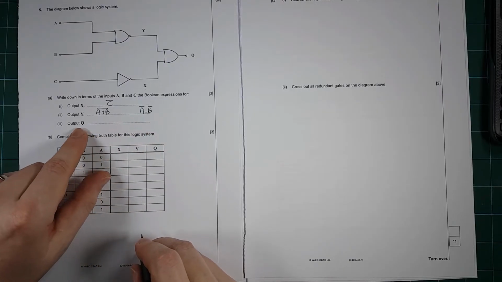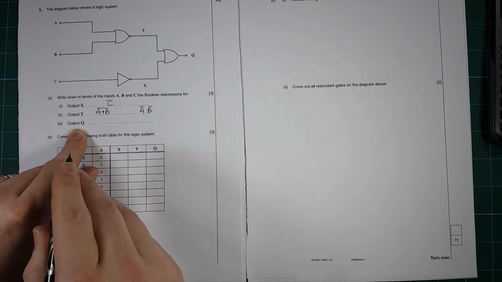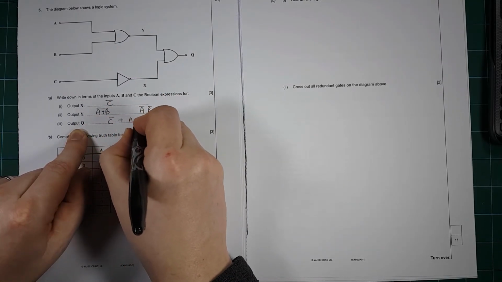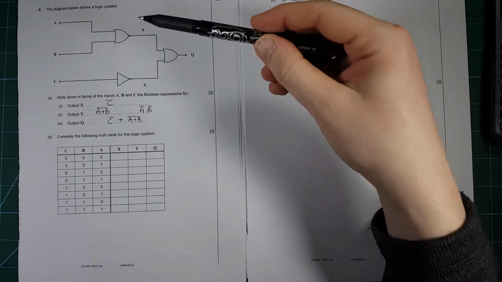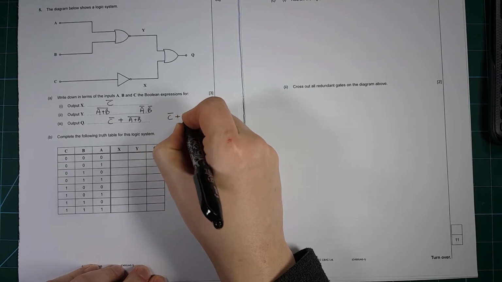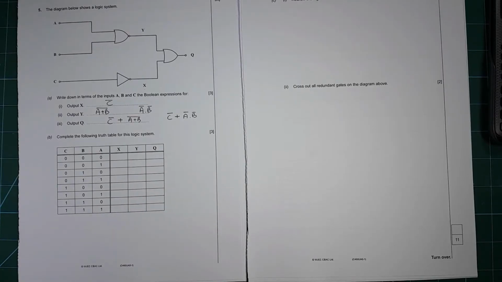Both of those are equivalent. And the output Q, it's X or Y, so it's NOT C OR A OR B, like that. That's the same also as NOT C OR A.B, both of them NOTed like that.